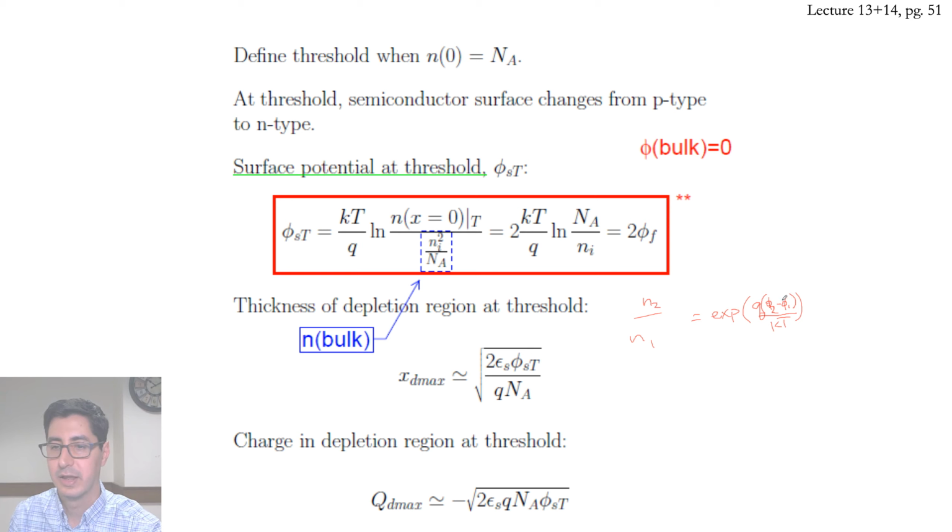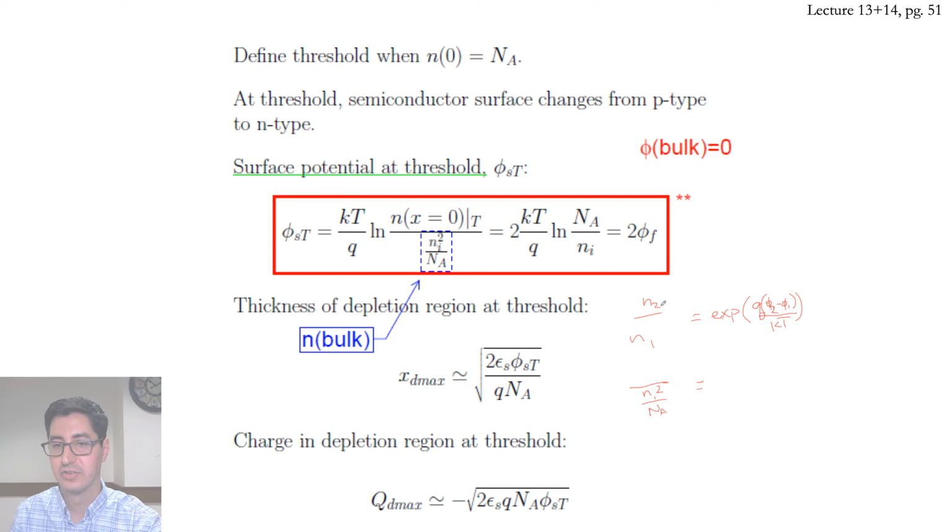And if we take phi 1 to be in the bulk, okay, if we take n1 to be in the bulk, well, we know what it is in the bulk, and n2 to be at the surface, so that's what we're going to do. We're going to take n2 to be at the surface, n1 to be in the bulk. Well, we know n1 in the bulk, that's just ni squared over Na.